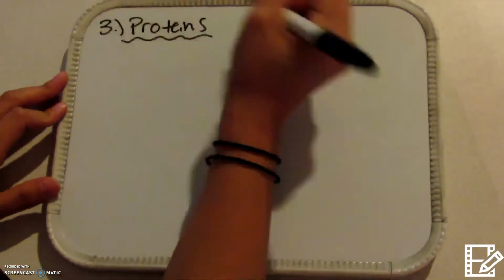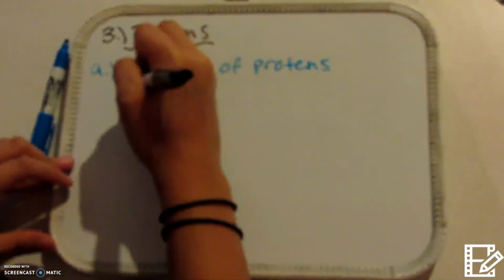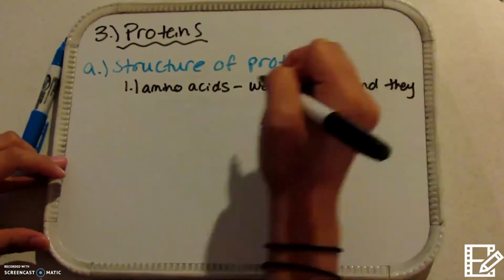The structure of proteins are amino acids. We need 20 and they are joined together by peptide bonds. And peptide bonds are the bonds that hold the chain of amino acids together.